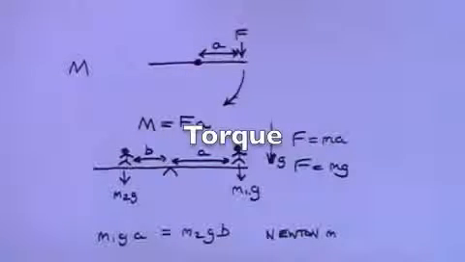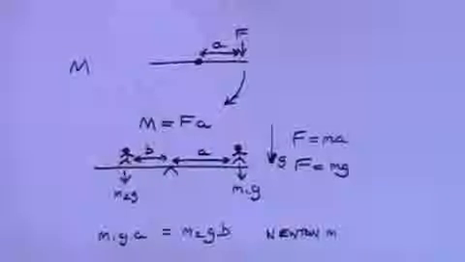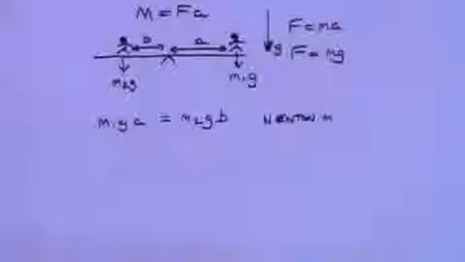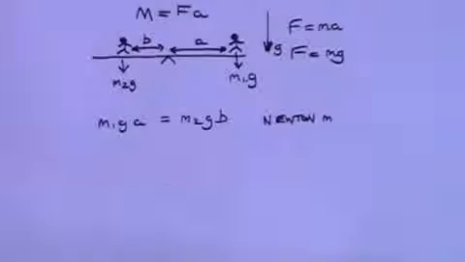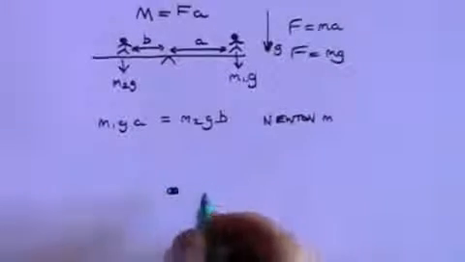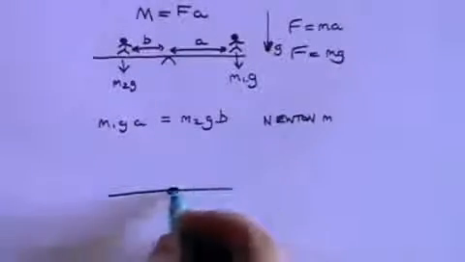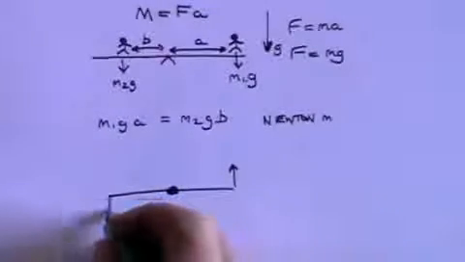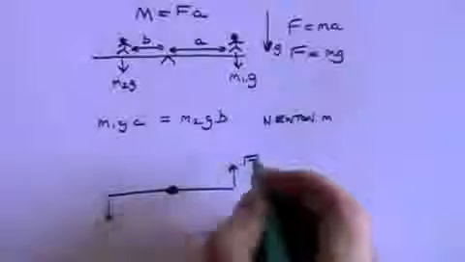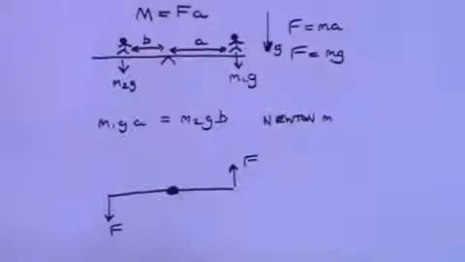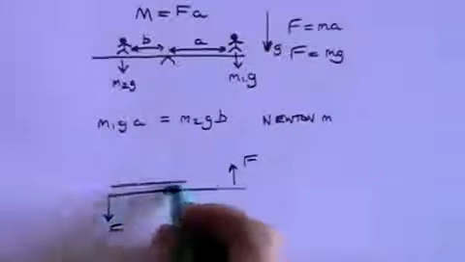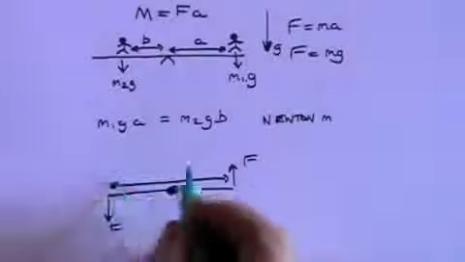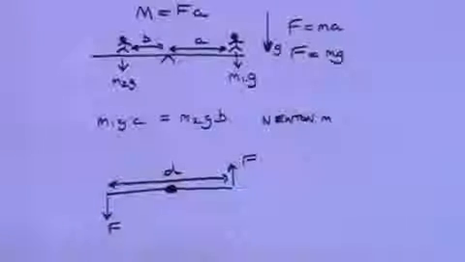A torque is like a moment, but it essentially is the moment of a force applied on both sides of the turning point. So let's suppose the turning point is here. Here is, let's say, a bar of metal, and we apply a force that way and a force that way, and they are equal forces. And the distance between the two forces is distance d.